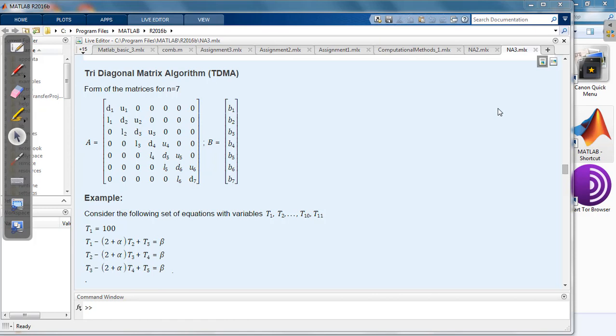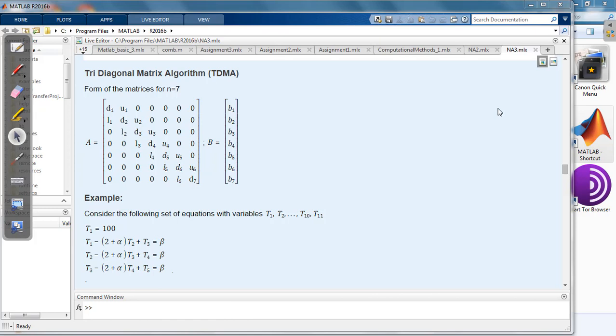We know that many physical phenomena and mechanical applications can be described by partial differential equations, and if we discretize those equations, we can convert the partial differential equations into a set of linear algebraic equations, which look very similar to this tridiagonal format.